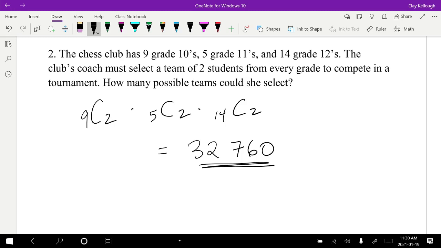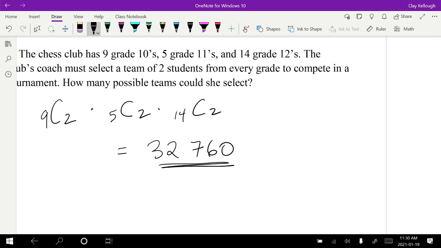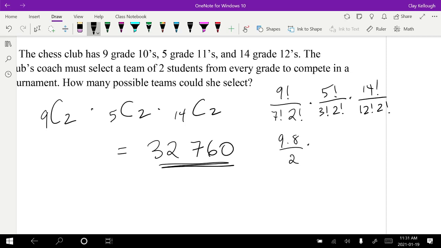If there is anybody who doesn't have a choose button on their calculator, as long as you have a factorial button, you could write this out the long way. It's 9 factorial over (9 minus 2) factorial, which is 7 factorial, times 2 factorial, times 5 factorial over 3 factorial, 2 factorial, times 14 factorial over 12 factorial, 2 factorial. And then this would be 9 times 8 over 2, 5 times 4 over 2, and 14 times 13 over 2. 2 times 2 times 2 is 8.